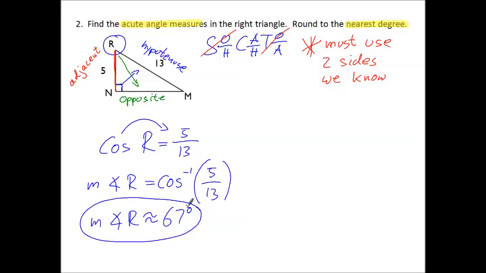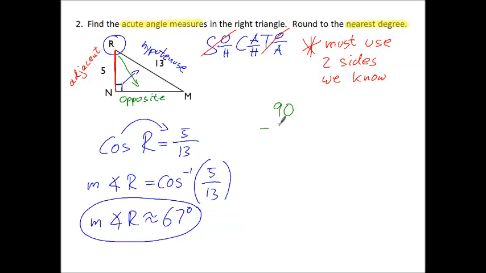So we got angle R now, and now we need angle M. We could do this two different ways. We can now use a different ratio of our three trig ratios to find angle M, but why should we do so much work, right? Why don't we just remember, if we have a right angle in this triangle, that means that there's only 90 degrees left for the remaining two angles.